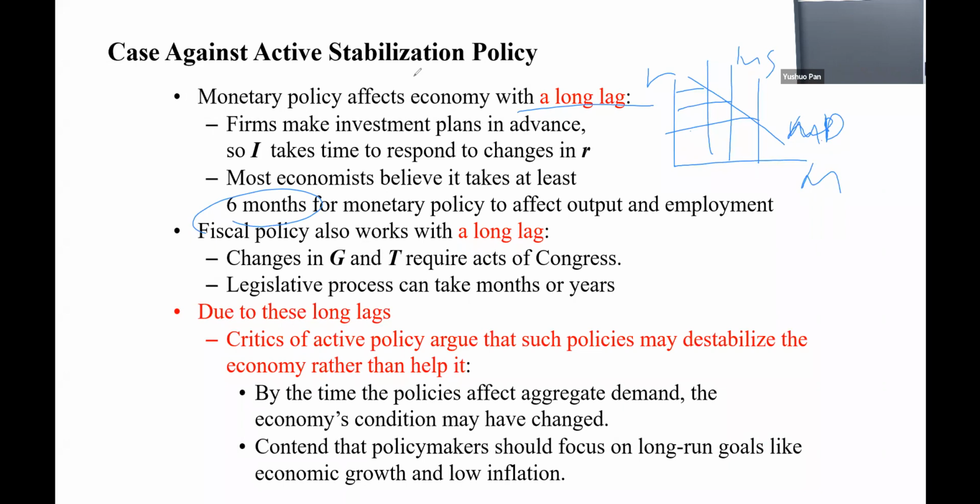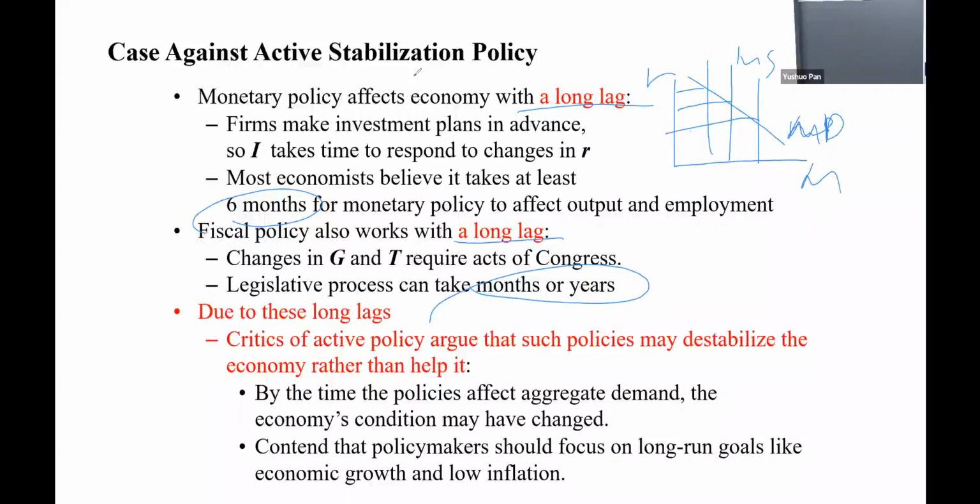Fiscal policy also works with a long lag. For example, changes in G and T require acts of Congress. The legislative process can take months or years. So again, that's a long lag. For both monetary policy and fiscal policy, the effect will not happen immediately.